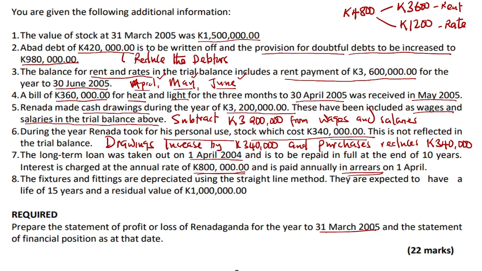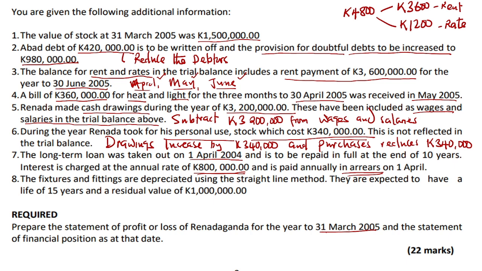Because our financial year ends on March 2005, then we had to receive the bill on 30th April 2005, which means there is an accrual.